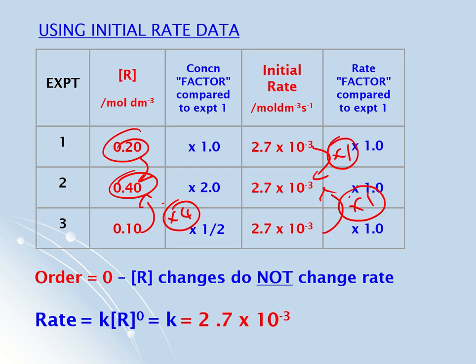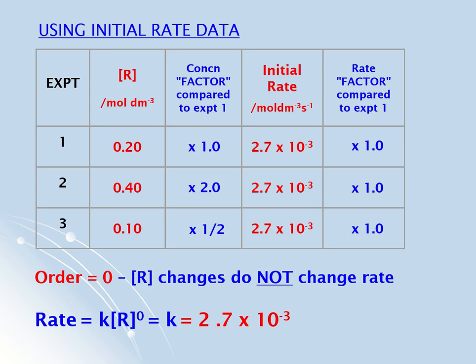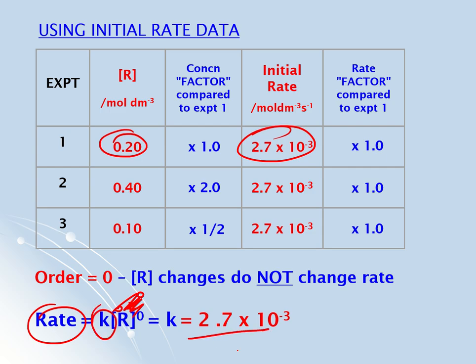Okay, now we can see how we work out our rate constant. Very simply, if I plug in my rate, which in this case is that, and my concentration here is 0.2 to the zero order, then my rate equals K. So in this case my K value is the same as the rate, 2.7 times 10 to the minus 3, and if we did our units as we did earlier, mol dm^-3 s^-1.